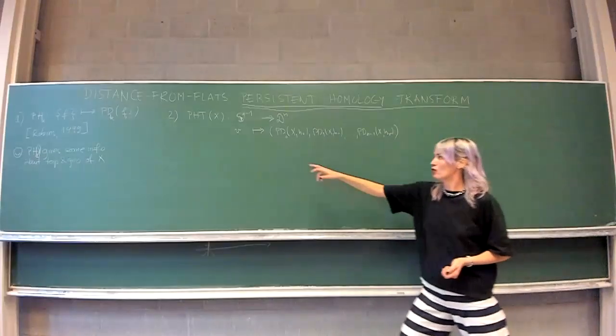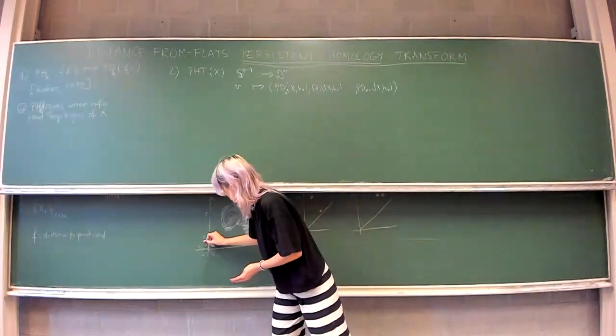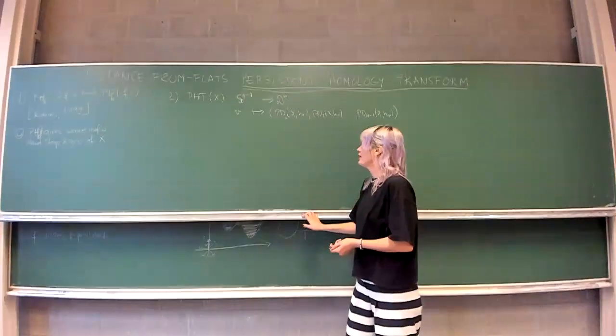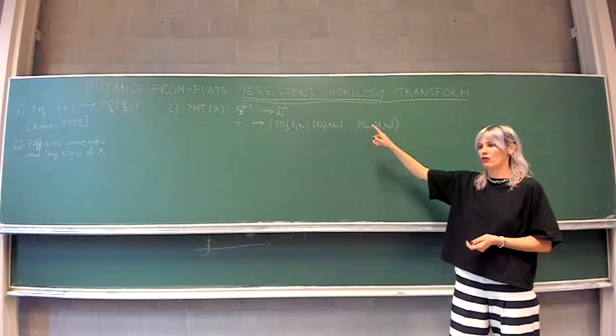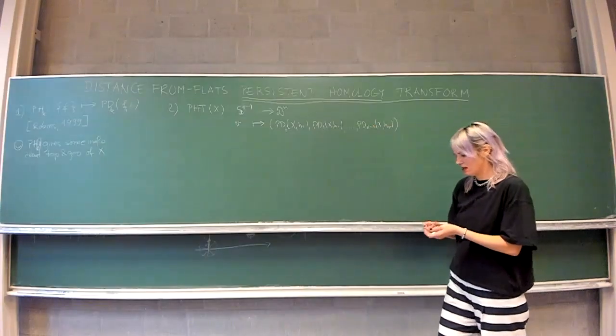So now we are looking at all possible directions on the sphere. And for each of the directions, we calculate the persistence diagram in all homology degrees. We put all of this information together.